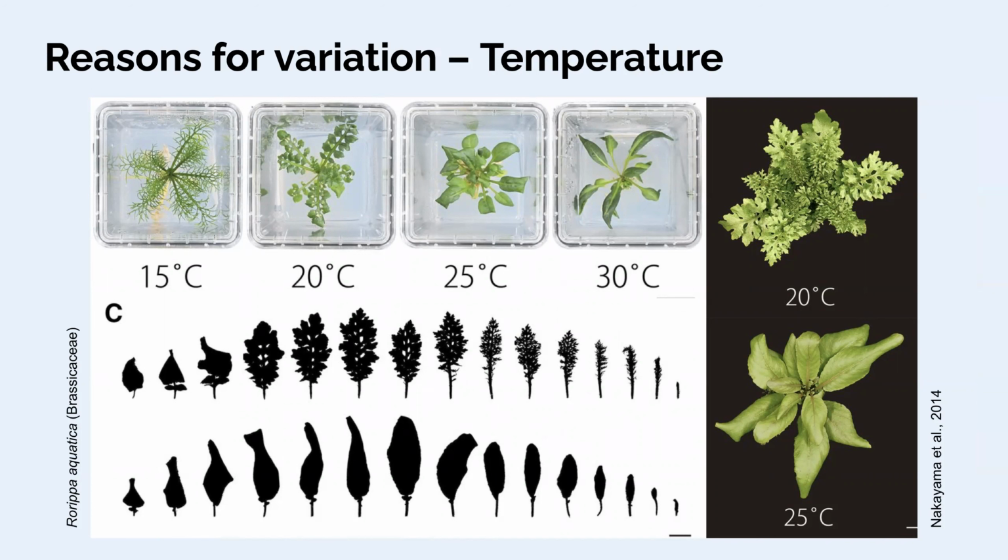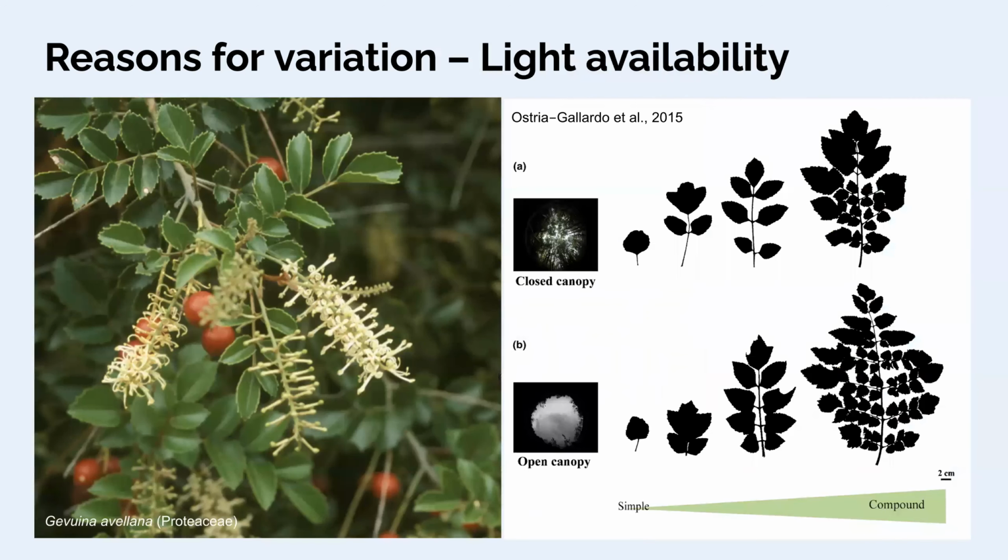Not a giant difference in temperature, but if you can get a reproducible effect like this, this is telling you pretty strongly that you've got something environmentally causing this difference. If you can do it in controlled experimental conditions, you've got a pretty good reason for what the differences are caused by. So temperature, light, lots of examples here.